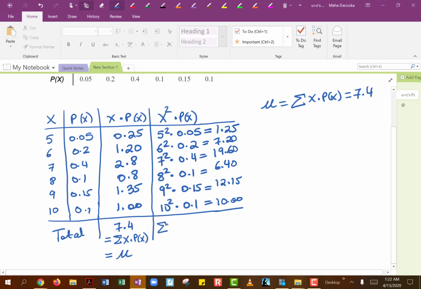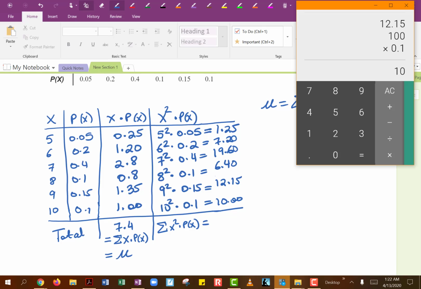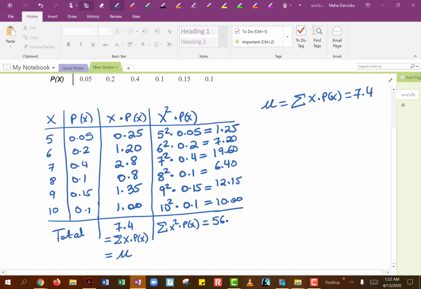So that would be the sum of this column, which is 10 plus your 12.15, and then 6.4, 19.6, 7.2, and then 1.25. If you add all of those up together, you get 56.6.